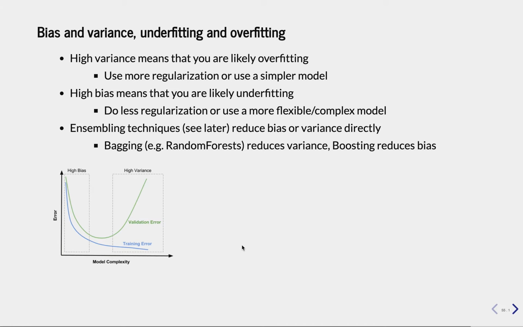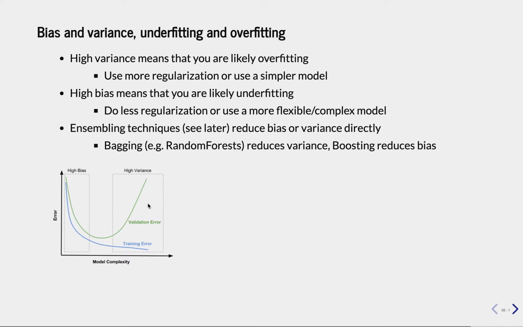Okay, now more importantly is what this means for underfitting and overfitting. So in a cartoonish way, high variance means you're overfitting. It means that you probably have a very complex model that's easily influenced by having slightly different training data.